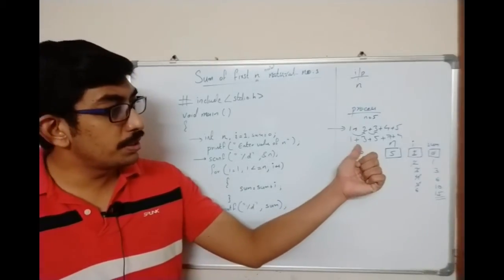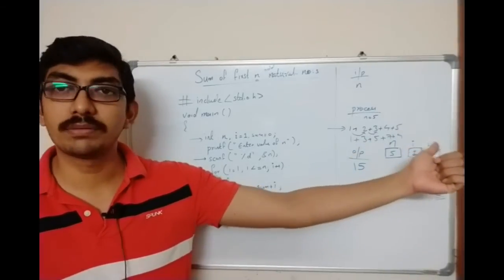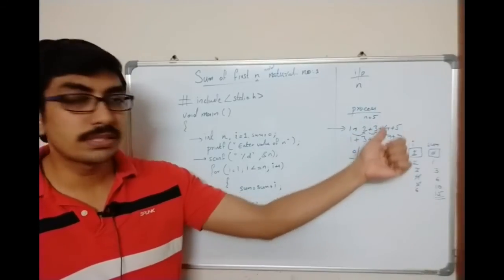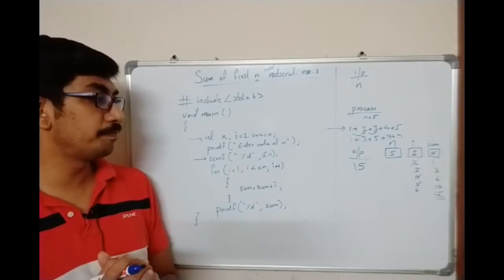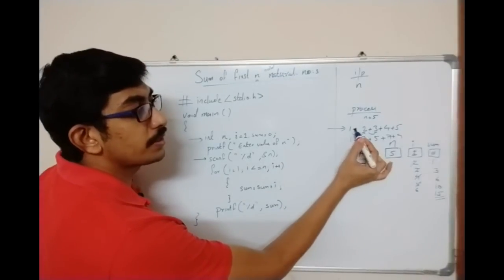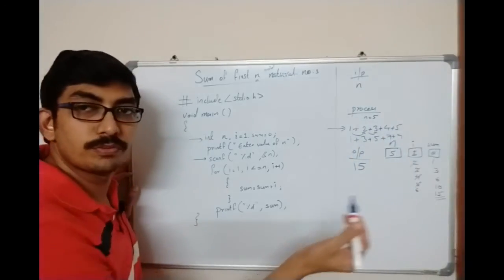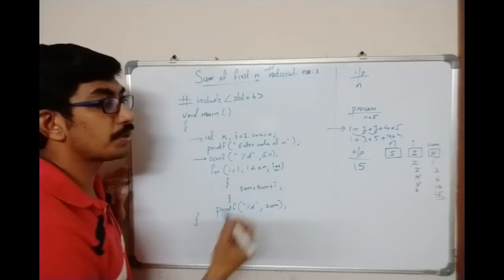So how can you see? Here also you have the process of adding, and it is repeated multiple number of times, so there will be a loop, and here you can see the number of additions are the same. So the loop will be iterating the same number of times. And what will be the difference? Here you can see the i value is varying from 1 to 2, then 2 to 3, then 3 to 4, which means it is varying by a factor of 1, so we have incremented it by 1.